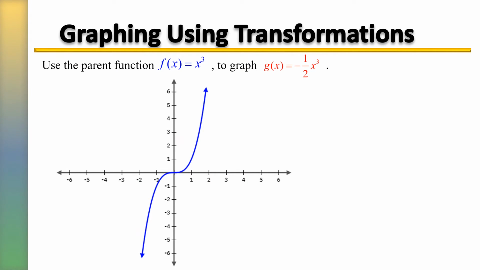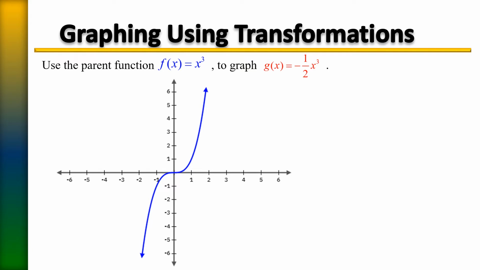So for example, here we have a cubic function, f of x equals x cubed, and here we want to sketch that same parent function. Notice you just see here a fraction that's in front, and in addition you see a negative there too.